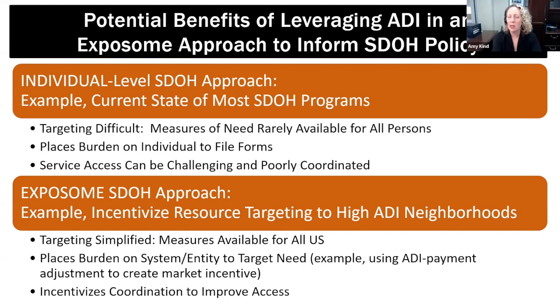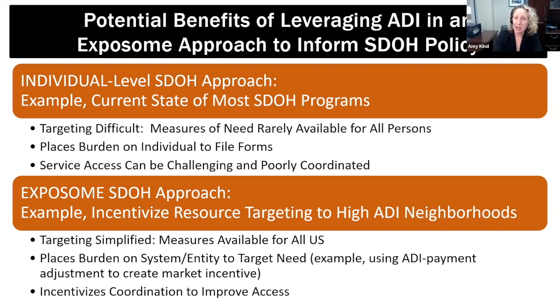If we shift to an exposome level approach, and this won't work for everything, but it does work for some things, for example, incentivizing resource targeting to high ADI neighborhoods within healthcare contexts, it allows for simplification of targeting because the measures are already available for the full US. It places the burden, or perhaps the incentive, as another way of thinking about this, on the system itself or on the entity in order to target these groups.